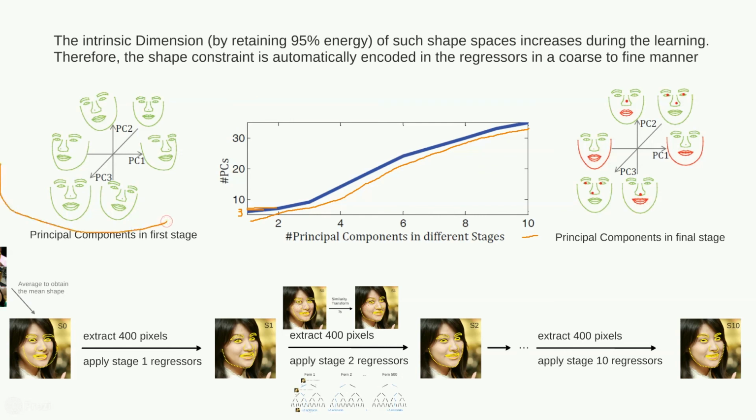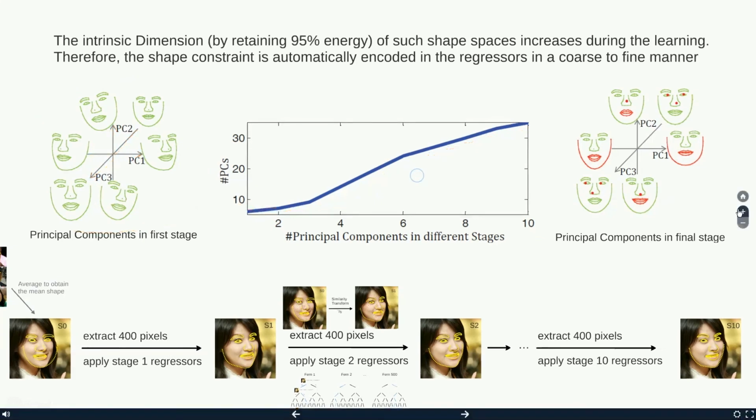And this is a visualization of the major components of each stage. You can see that in the early stage, the component, let's say the first component, it turns the face to the right, and the negative of it turns the face to the left. And the second would tilt the image to the left or right, and the third will enlarge the face or make it smaller. So the principal components in the first stage would make larger changes.